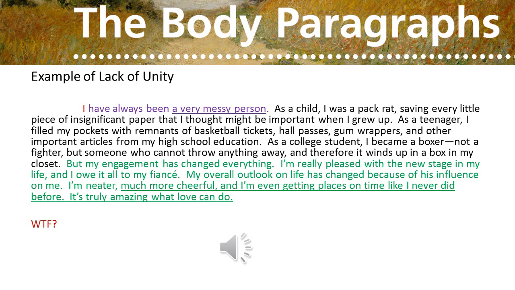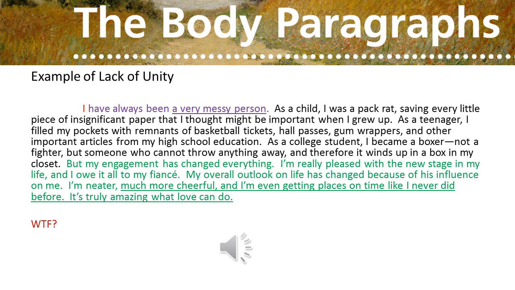Nothing. Let's continue. My overall outlook on life has changed because of his influence on me. That has nothing to do with being a very messy person. I'm neater. Okay, I understand. You're neater, but that's not what this paragraph is supposed to be about. It's not supposed to be about how you became a neater person. It's supposed to be about how you have always been a very messy person.